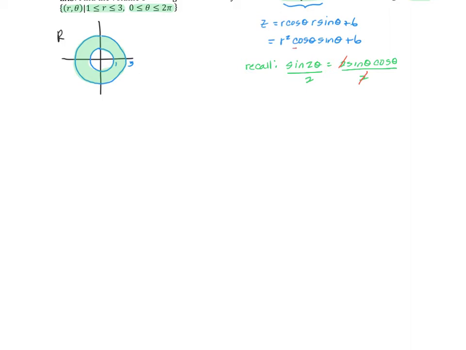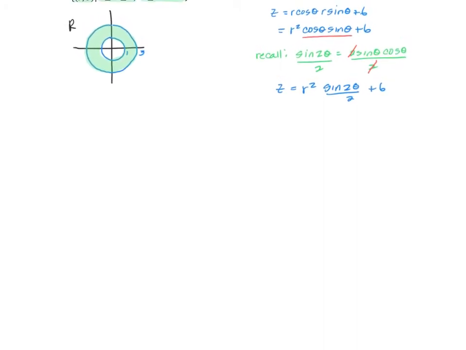So I'm going to replace this cosine sine with sine of 2 theta over 2, and then plus 6. And in fact, that over 2, I'm just going to pull out and write as 1/2 r squared sine of 2 theta when I write out my volume formula.